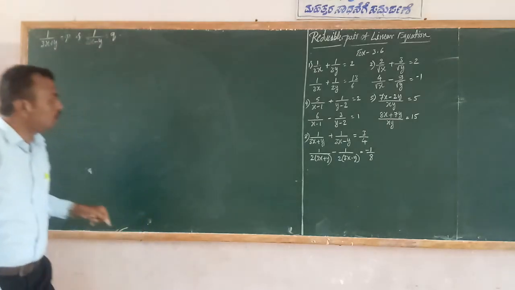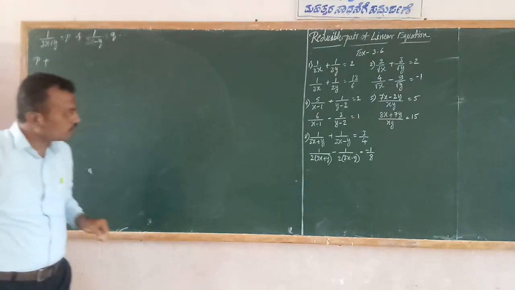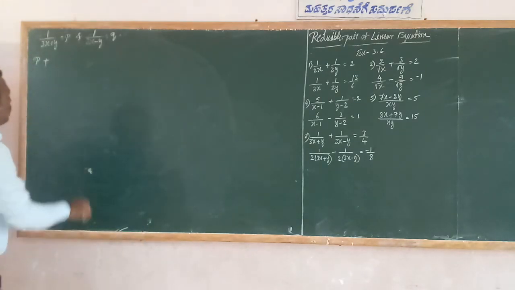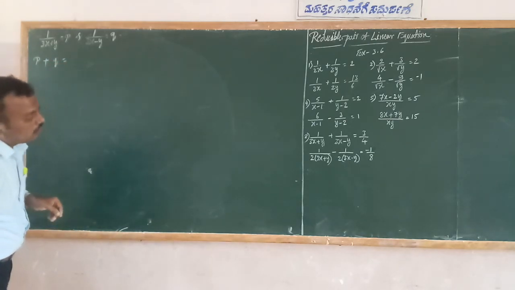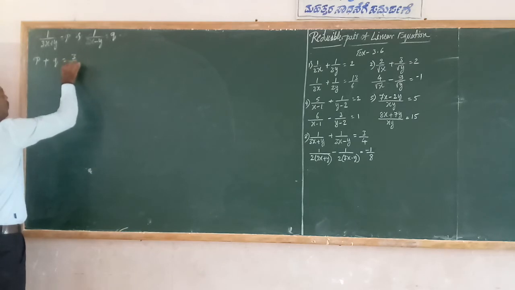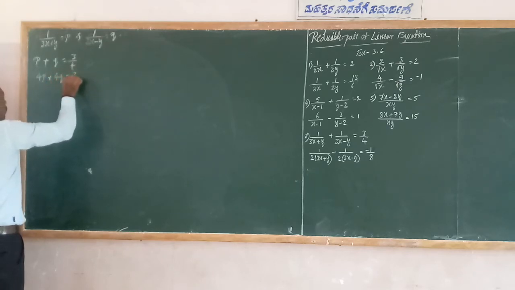So p plus q is equal to, what is the constant term here? 3 by 4. Now we have to cross multiply that. 4 into p, 4p plus 4 into q, 4q, it is equal to 3, equation number 1.